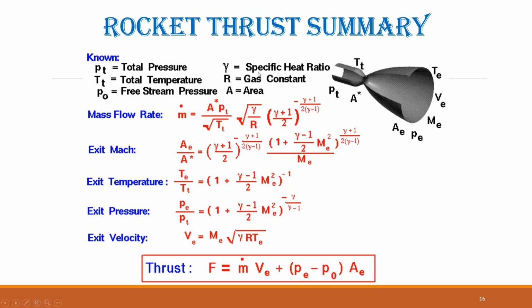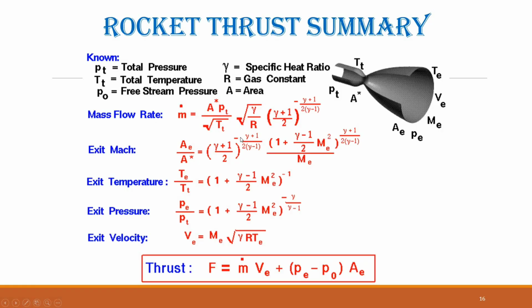The first equation presented is the mass flow rate equation. This equation tells us how much propellant mass flows through the engine per second, which is written as m dot. In formula form, the mass flow rate is given by an expression involving throat area, total pressure, total temperature, and gas properties.